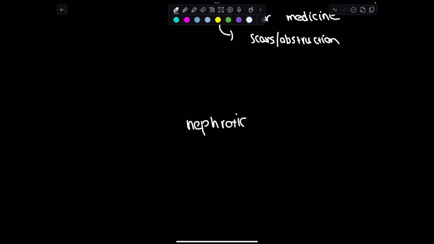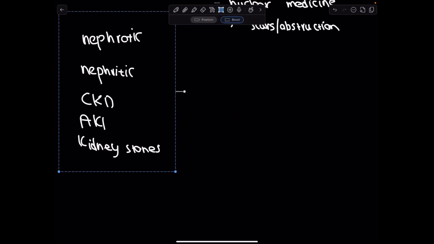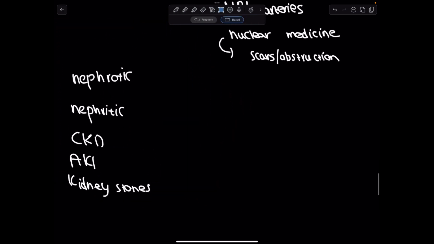Nephritic syndrome involves blood in urine, high blood pressure, and mild proteinuria, typically from inflammation like glomerulonephritis. CKD is a gradual, irreversible loss of kidney function over months or years, often from diabetes or hypertension, leading to waste buildup. AKI is a sudden, potentially reversible drop in kidney function caused by things like dehydration, infection, or toxins. Kidney stones are hard mineral deposits.